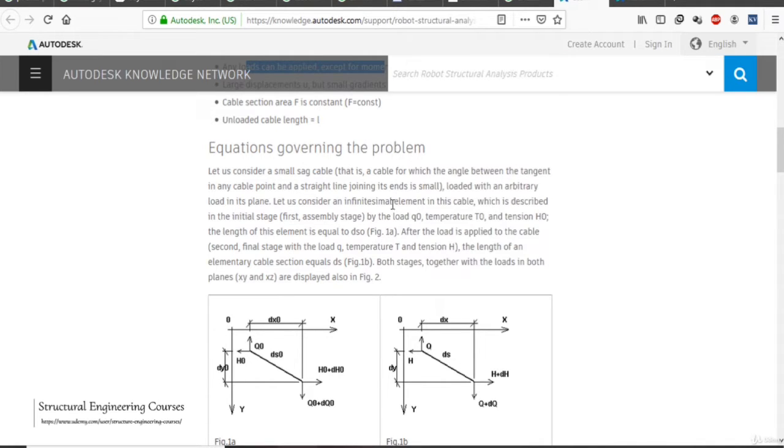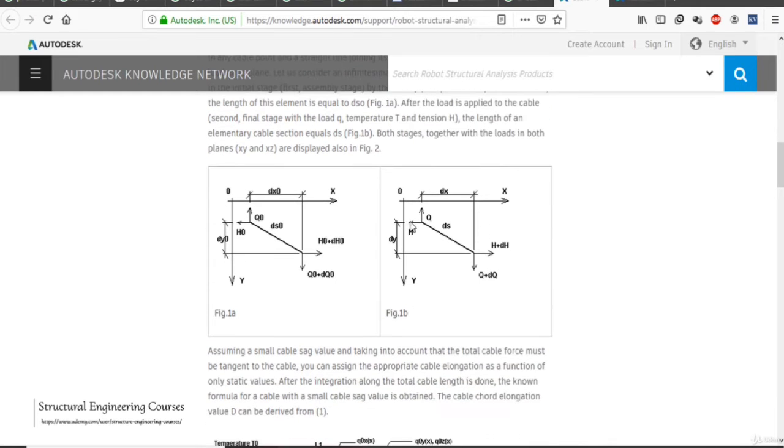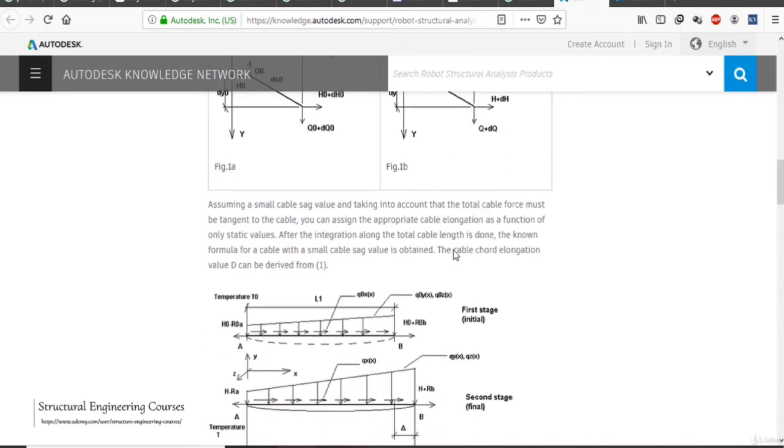Let us consider an infinitesimal element in this cable, which is described in the initial stage by the load Q0, temperature T0 and tension H0. These are the infinitesimal elements carrying all these forces. After that, when the load is applied to the cable, the length of the elementary section is equal to ds, that is this part here. This is the diagram before applying force and this is the diagram after applying force.